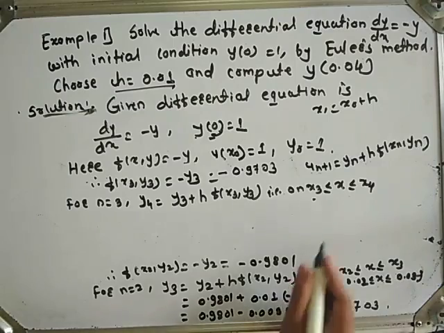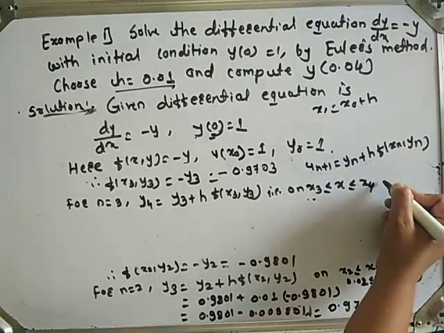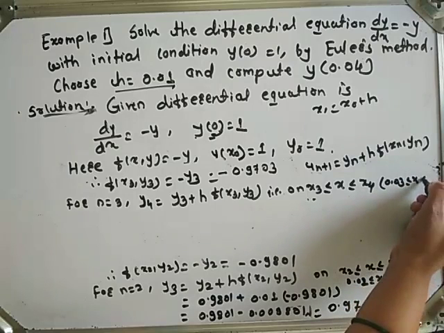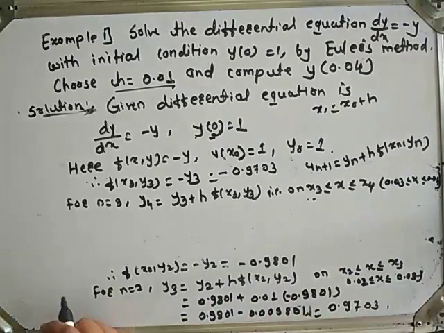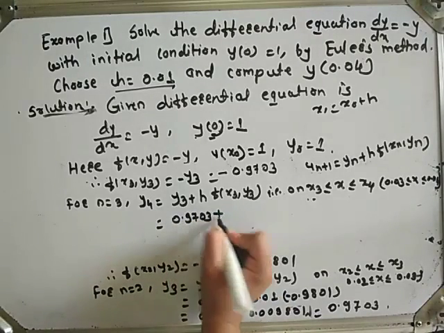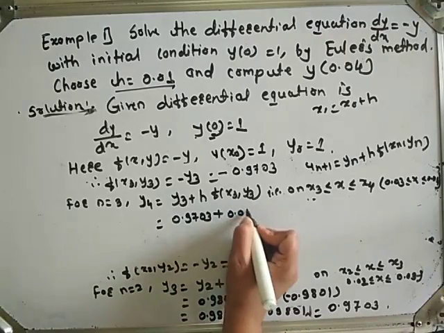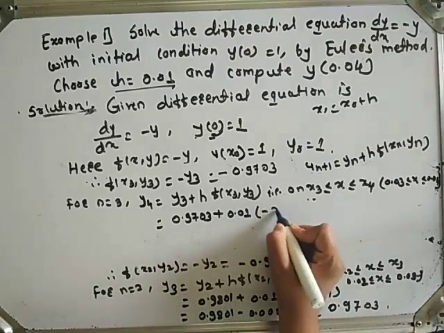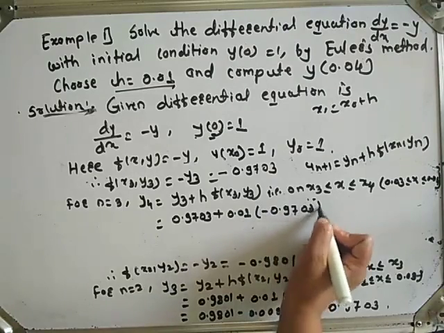So here x3 is 0.03, which is less than or equal to x less than or equal to 0.04. What is the value of y3? It is 0.9703 plus h, which is 0.01, into f of x3 comma y3, which is minus 0.9703.